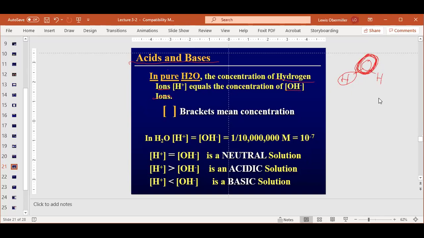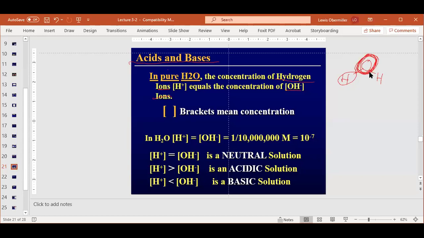Does it weaken? It doesn't weaken because remember, a chemical bond is either sharing or transferring of electrons, either covalent or ionic. This is covalent. So the definition of a covalent bond is sharing electrons.